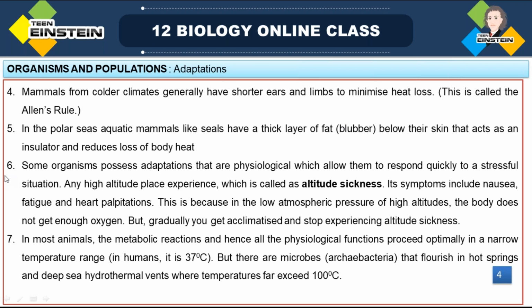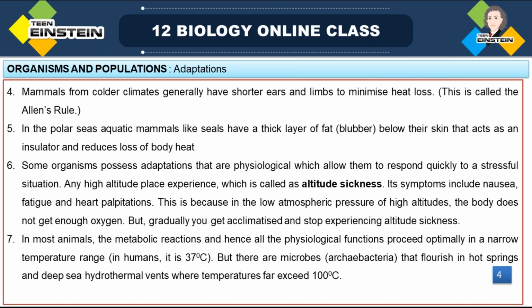Next example, the sixth one, is some physiological adaptations we are going to talk about. Like high altitude sickness. What is that? This kind of problem can be experienced at high altitude, where the body does not get enough oxygen.